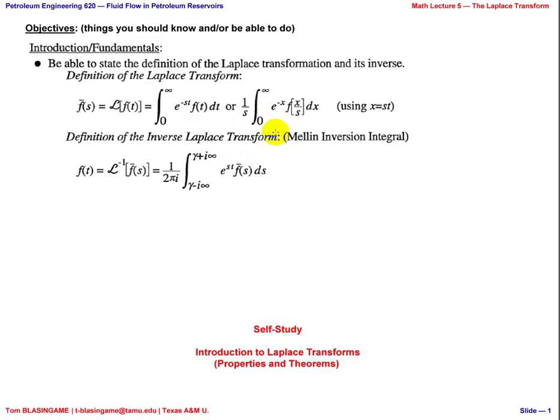So this is the definition of Laplace transform, right? And Laplace transform is used, and we'll cover that later today. We basically use it to reduce a partial differential equation to an ordinary differential equation.